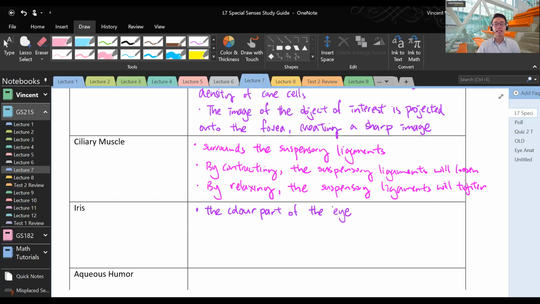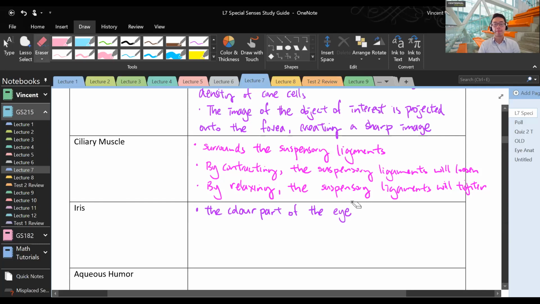It's the melanin. So the more melanin you have, the darker the iris will be, and you might have brown eyes, for example. The less melanin you have, the lighter the iris is going to be, maybe like a blue eye, a green eye, and so on and so forth.